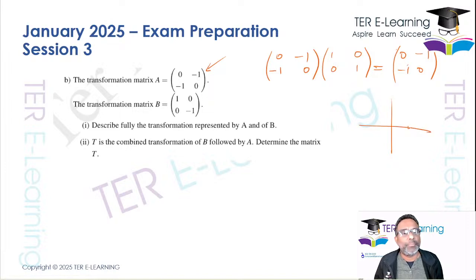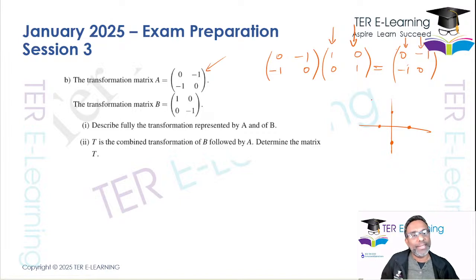So what happens is that if I look at this from a graphical perspective, the point 1, 0, that's this point, is going to be transformed to 0, minus 1. So 0, minus 1 is down here. This point here is 0, 1, that's up here, and then it's being transformed to minus 1, 0. Minus 1, 0 is here.